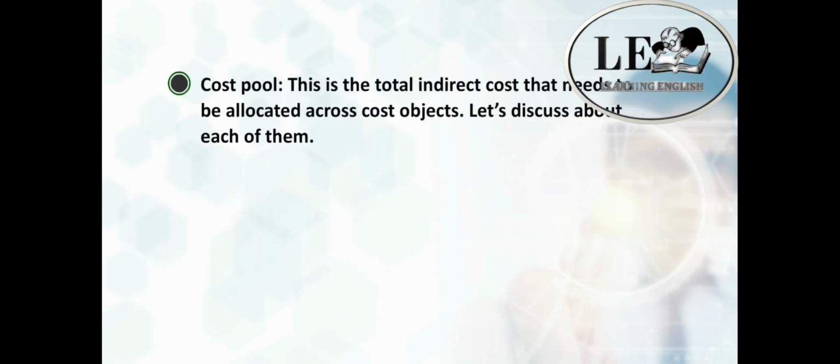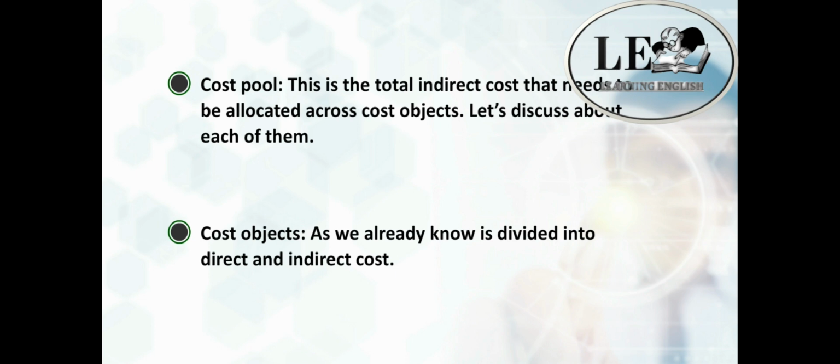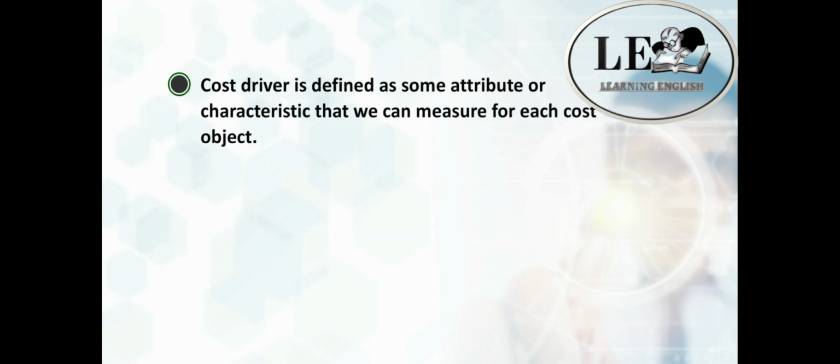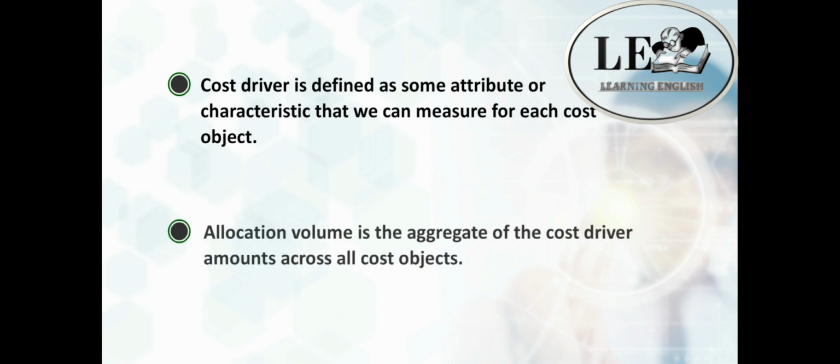Cost pool. This is the total indirect cost that needs to be allocated across cost objects. Cost objects, as we already know, are items to which costs are assigned, divided into direct and indirect cost. Cost driver is defined as some attribute or characteristic that we can measure for each cost object.